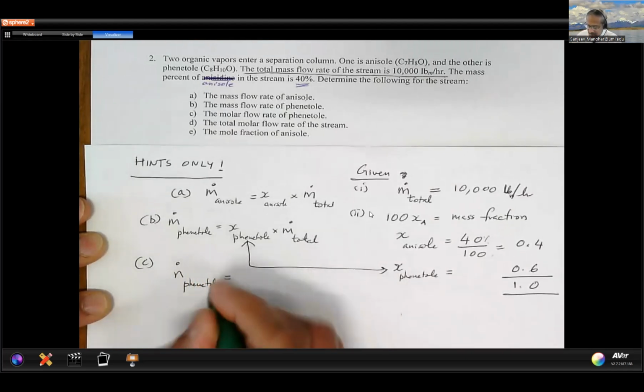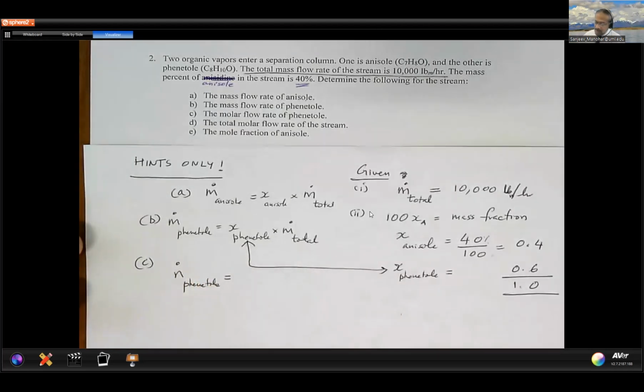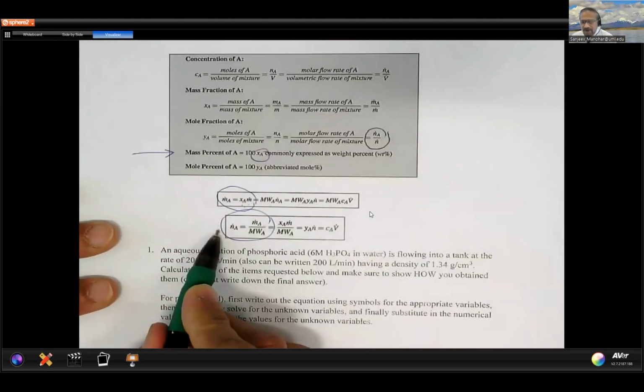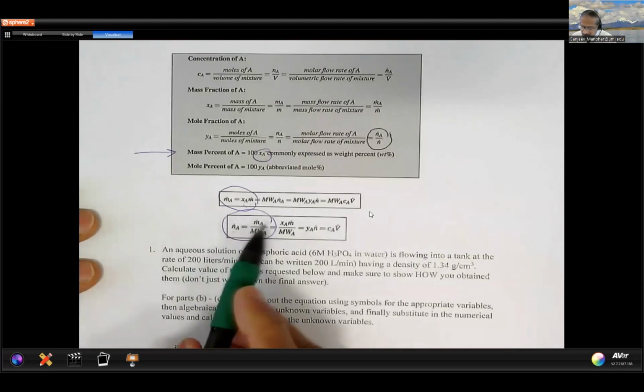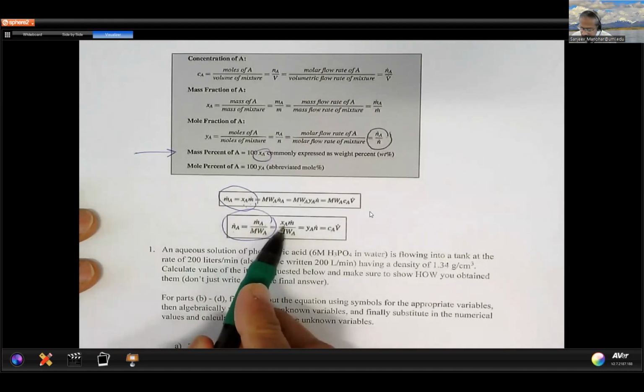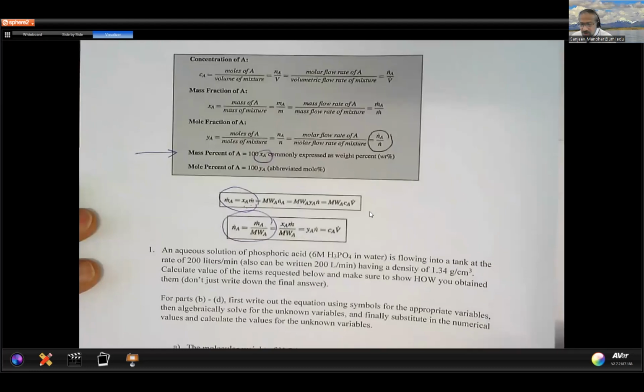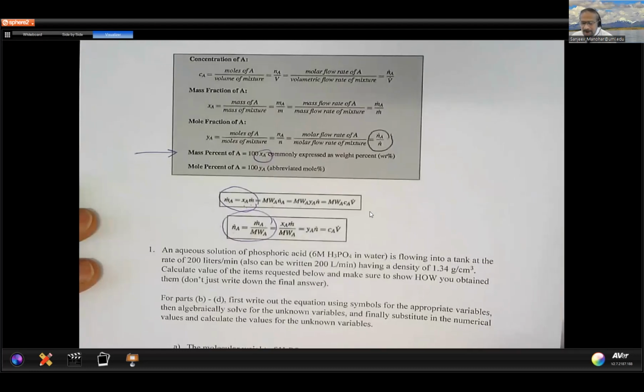So C, molar flow rate, right, of phenetol. So how's that? So you go back to the charts on now this set, molar flow rate, right? It says mass flow rate divided by molecular weight, or fraction times mixture by molecular. You can use quite a bit, right? Which one would you like to use, right?